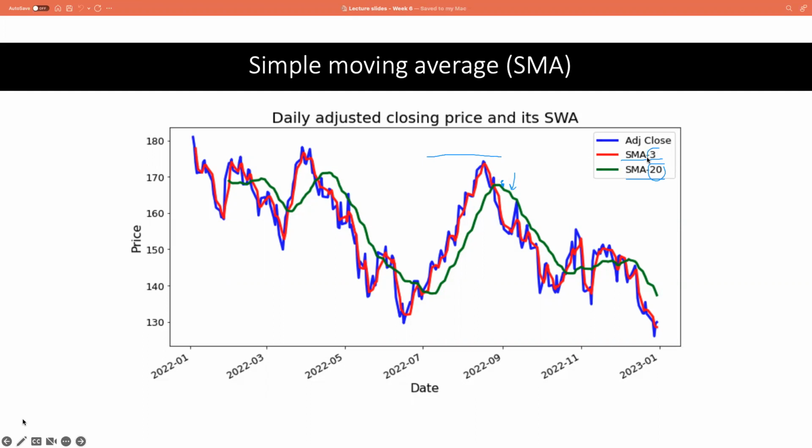However, when M equals 3, the smoothing is not obvious because we're taking a very short window, and the curve, which is in red, is still mimicking the original price points very much, except for some extreme ups and downs. So that's the difference here.